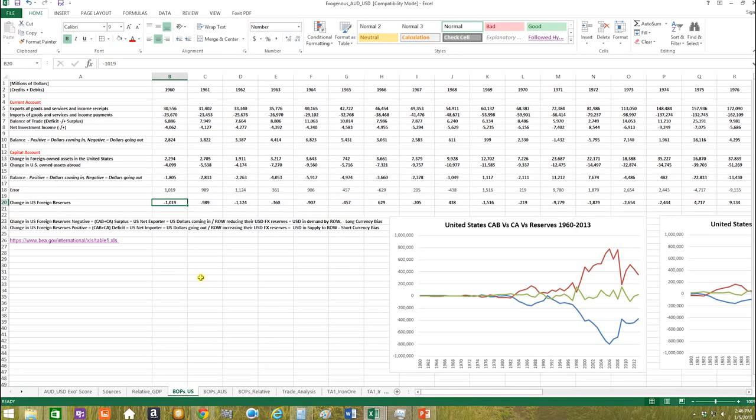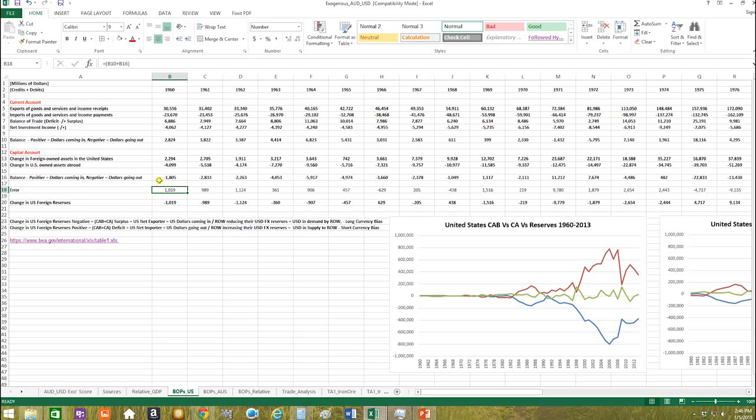So let's just go through this quickly again so we fully understand it and comprehend what's going on here. If this number is positive, the error is positive, it means that more dollars are coming in. This number represents the amount of dollars that are coming in. But it also represents the amount by which the rest of the world's US dollar reserves are going down.